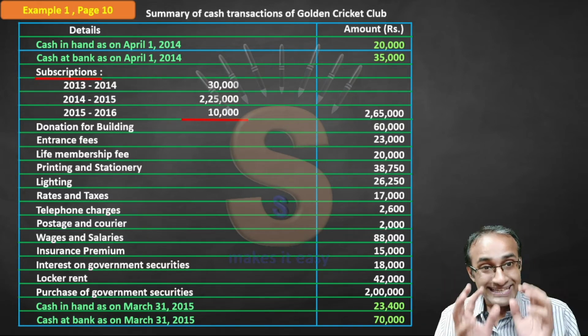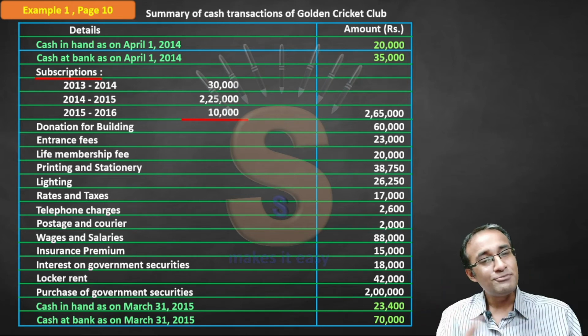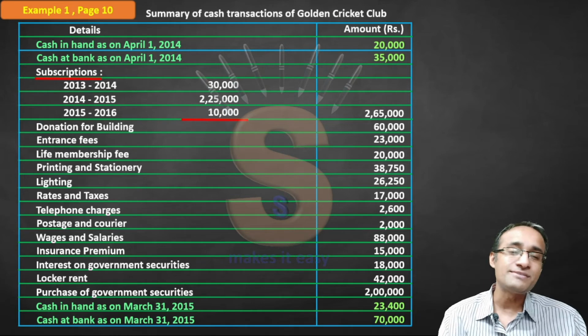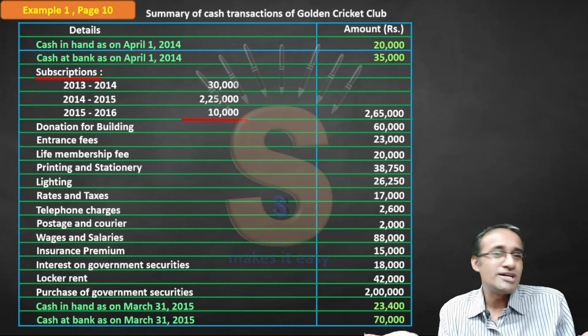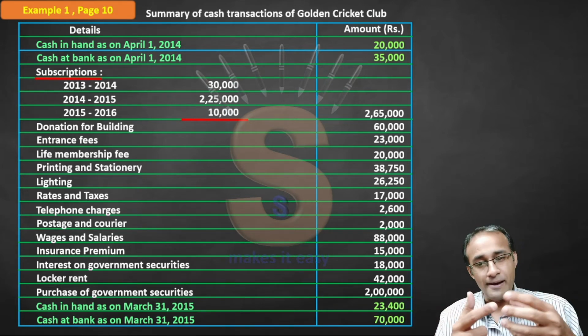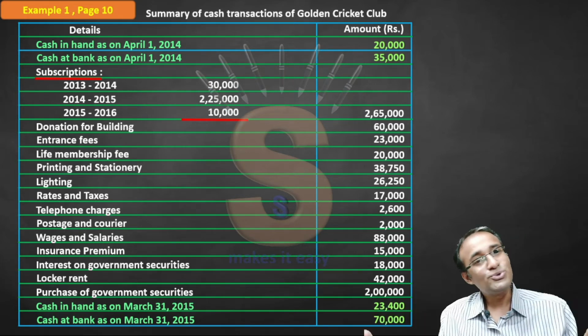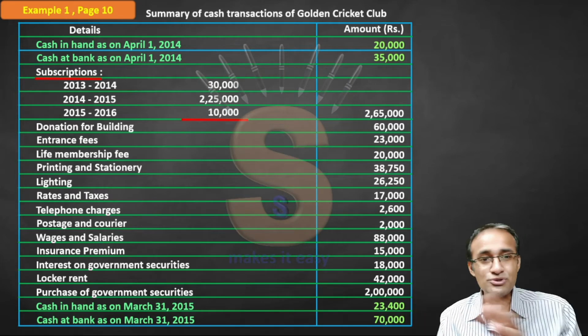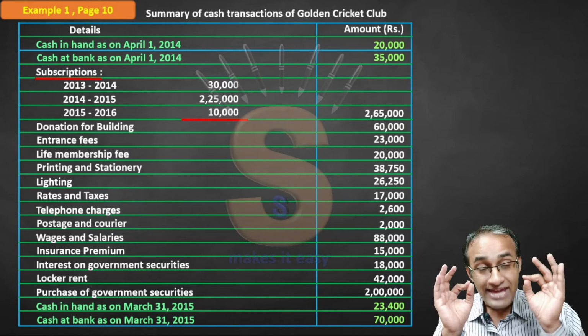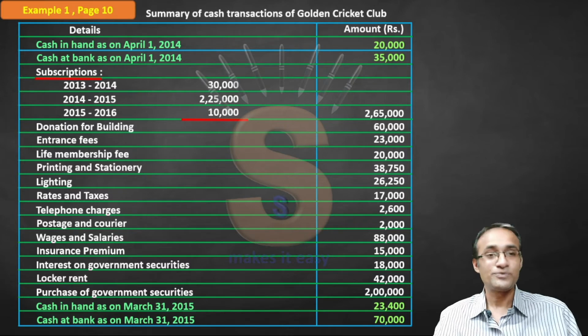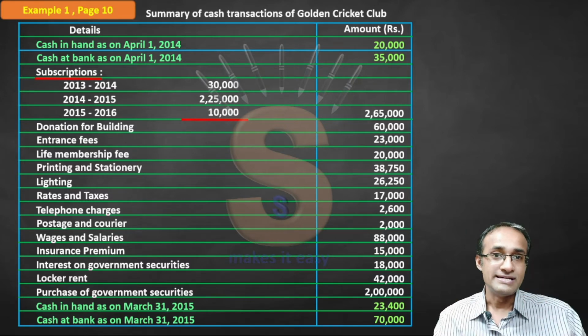When you are a cashier, you accept, because last year's subscription, current year's subscription and next year's subscription all look the same. It's the same 2000 note, the same 500 note, the same 100 note; currency notes all look the same. There is no distinction between any year. Every year's subscription is money coming in, you have to write on the receipt side.